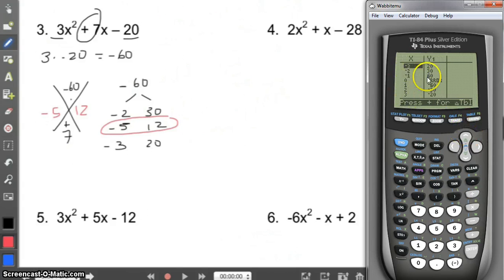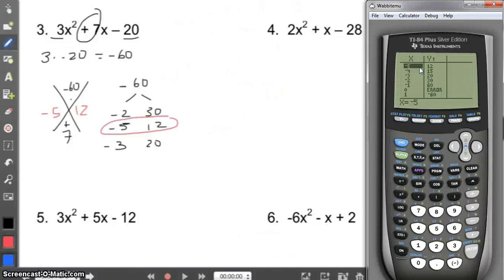Look, all of those are numbers that multiply to give you negative 60, so you need to see which ones add up to 7. So negative 3 and 20 is 17, it's not giving you the right answer. Continue. Negative 4 and 15 is 11, you're getting closer. Negative 5 plus 12 is 7, so this is the number that you want. These are the two numbers that you're interested in, so negative 5 and 12.